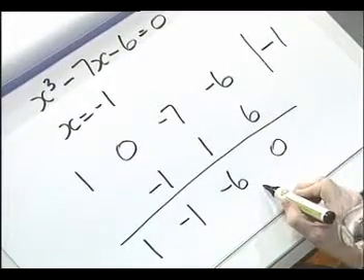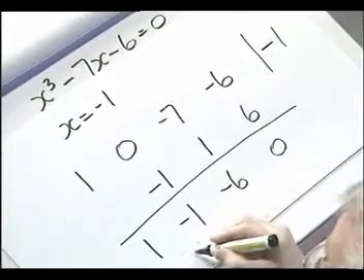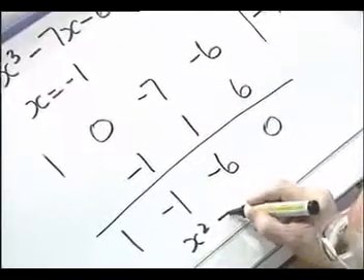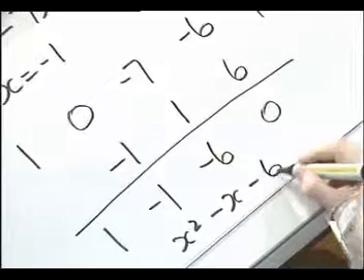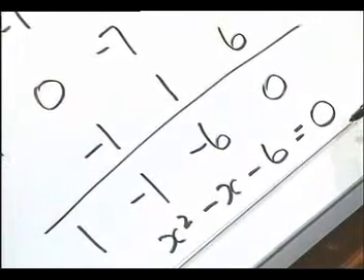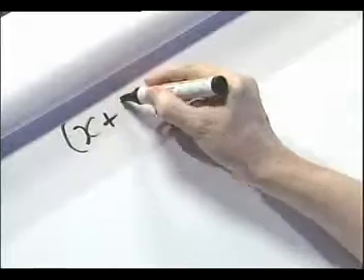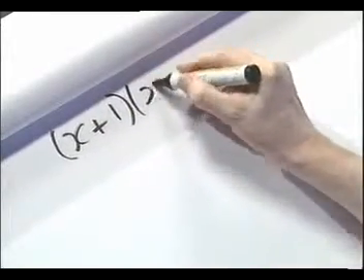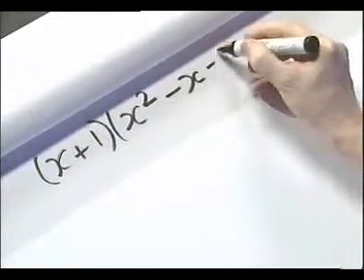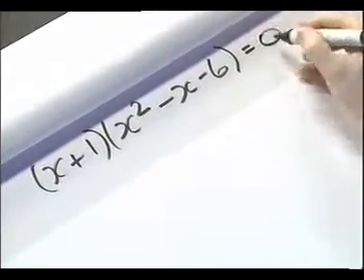These numbers give us the coefficients of the quadratic equation, and we have x squared minus x minus 6 equals 0. And we now need to solve this equation. So we have x plus 1 times x squared minus x minus 6 equal to 0.